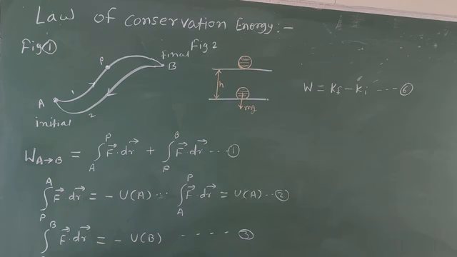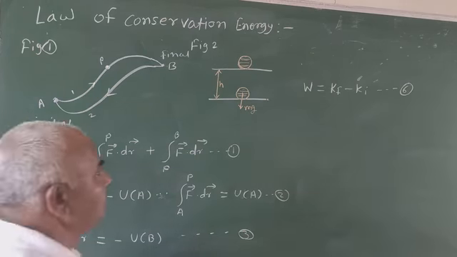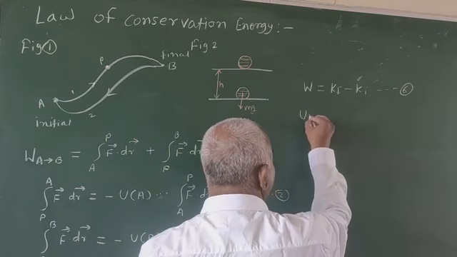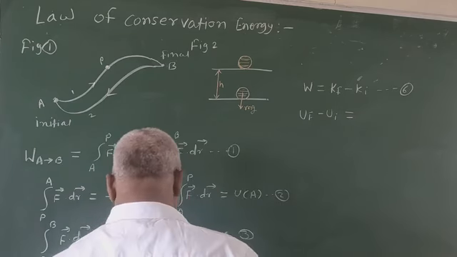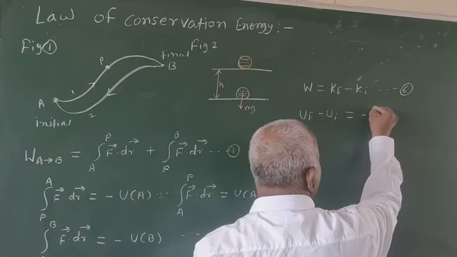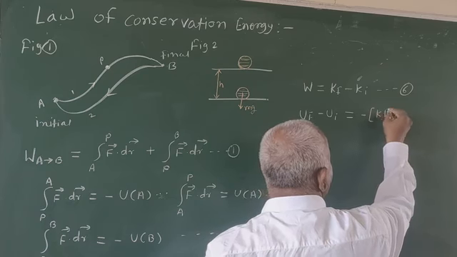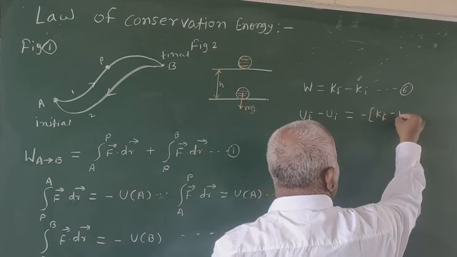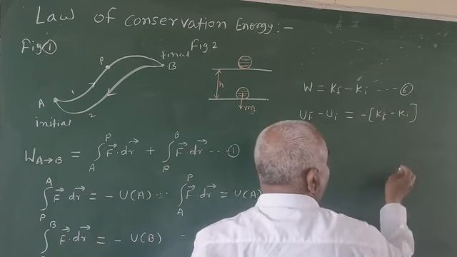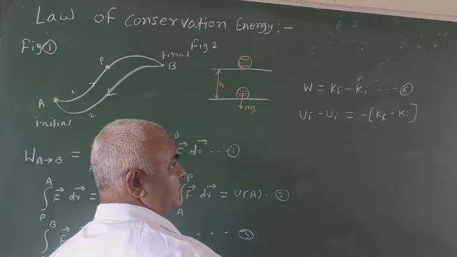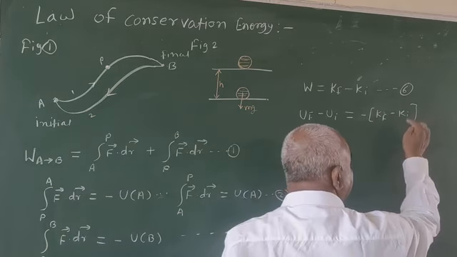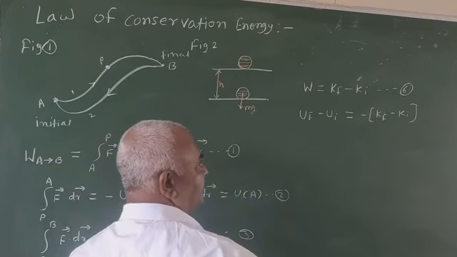Putting the value of W from equation number 6 in equation number 5, we can write UF minus UI is equal to, with negative sign, Kf minus Ki, where Kf is the kinetic energy at the final position and Ki is the kinetic energy at the initial position.